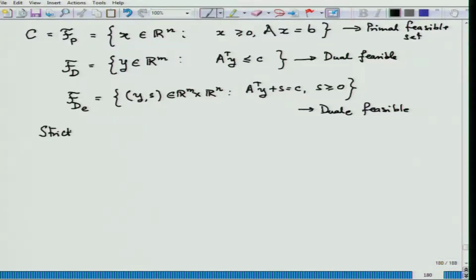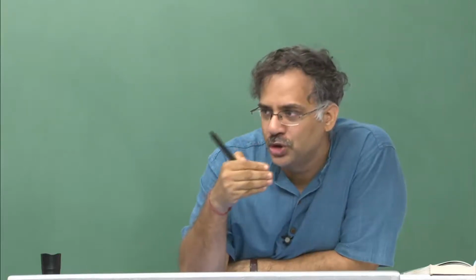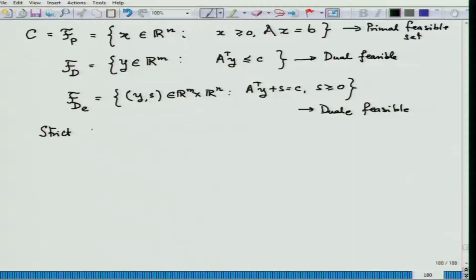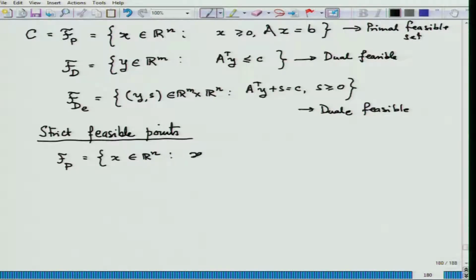So, we will talk about strict feasible points. A strict feasible point basically means you have been pushed into the interior of the feasible set. Now, the same thing for the primal one: you would have x in R^n, where x is strictly bigger than 0, meaning in the interior of R^n plus, that is, every component of the vector x would be strictly bigger than 0.